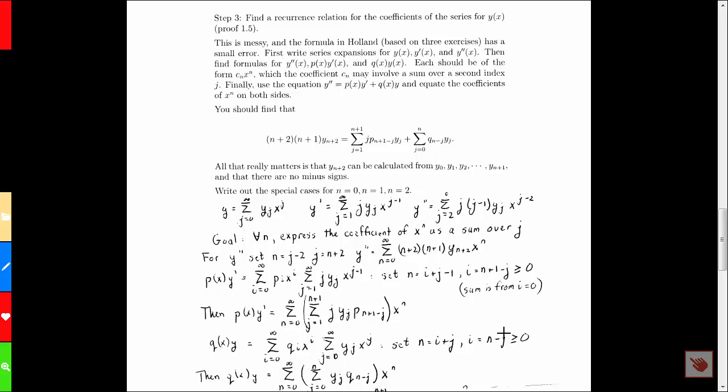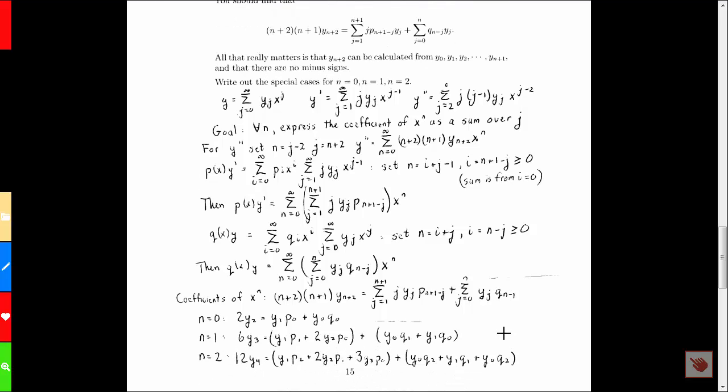And this is not done out in full in the Holland textbook. It's relegated to a bunch of exercises. And furthermore, there's a small error in the final formula. This is, however, a very useful skill for almost any sort of physics or applied mathematics.